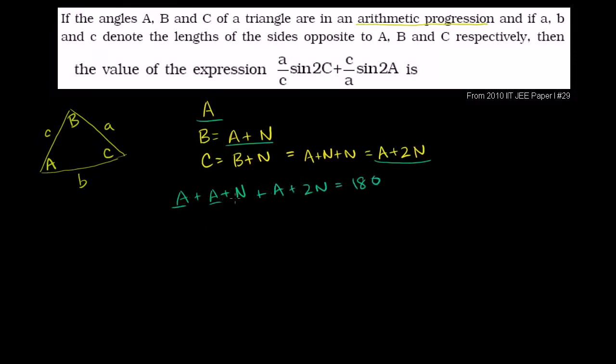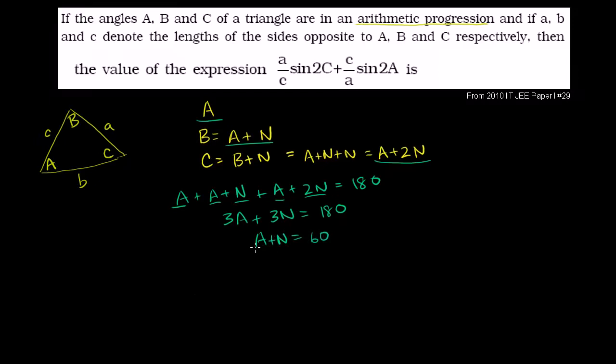We have 3 A's here, so we get 3A plus 1n and then another 2n. 3A plus 3n is equal to 180 degrees. Or you can divide both sides by 3, and you get A plus n is equal to 60 degrees.